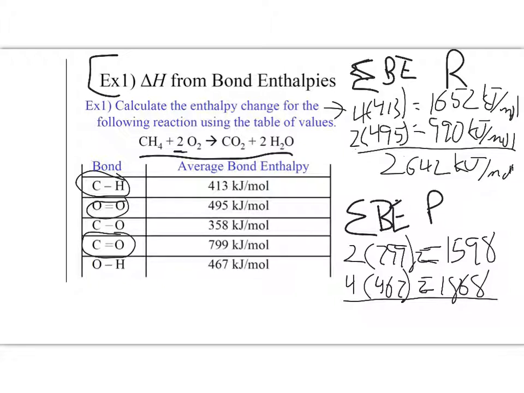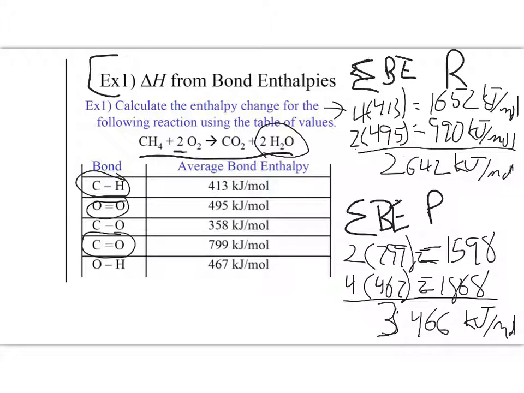And we have 2 water molecules, and each water molecule is going to have 2 bonds, 2 oxygen-hydrogen bonds. Therefore, altogether, we've got 4 of those bonds. So we multiply that out, we get 868, which gives us a total of 3,466 kilojoules per mole for our products.